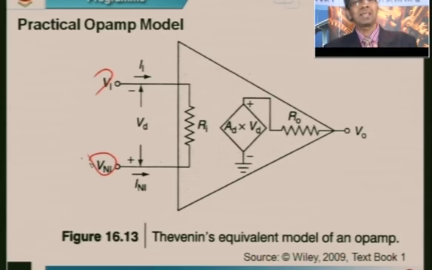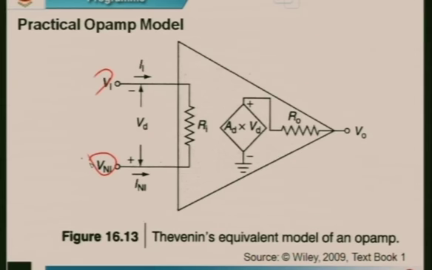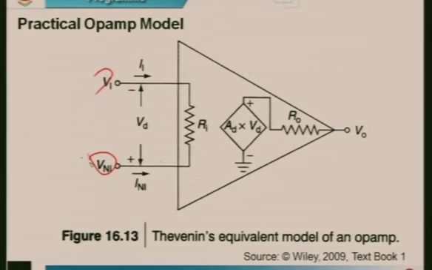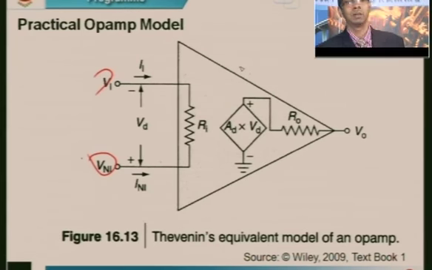It always amplifies the difference of these 2 inputs. That's why it's also called a very high gain difference amplifier, where the output is gain times the difference of the two inputs, Vd. In this case, Vd is nothing but Vi minus Vni, or the difference between the two signals.